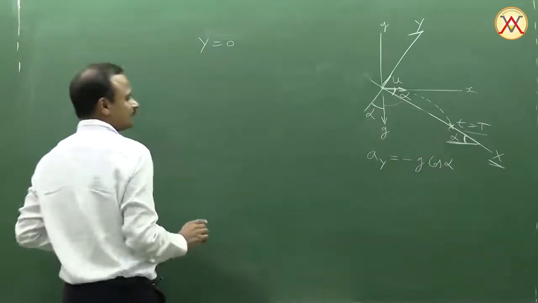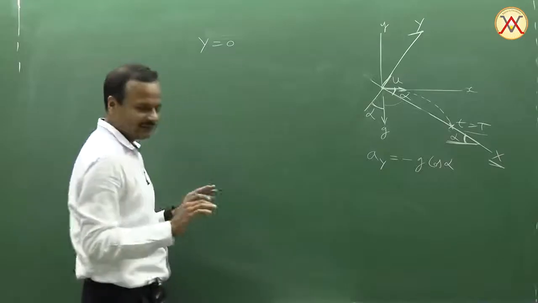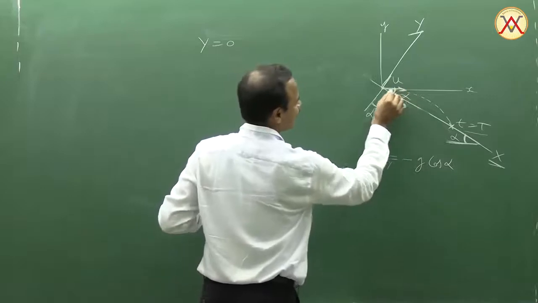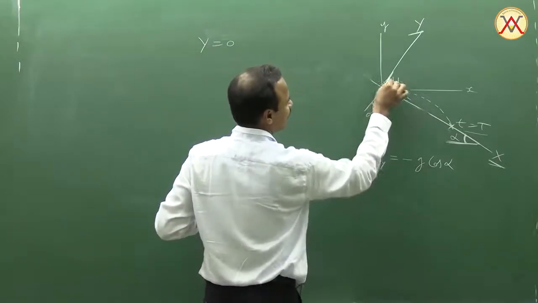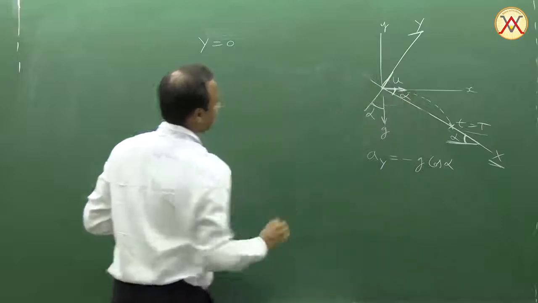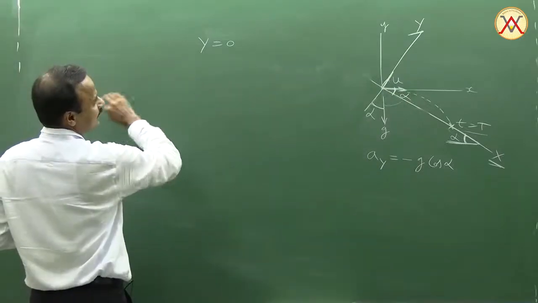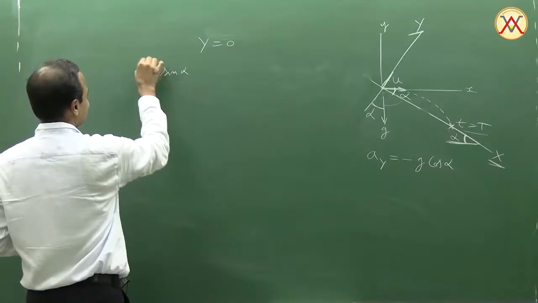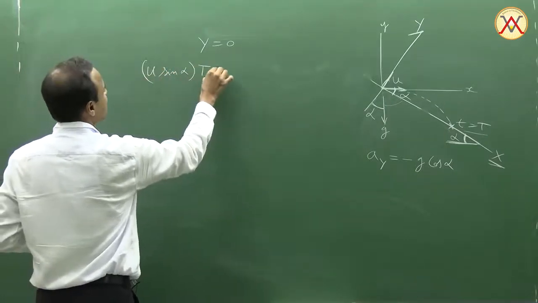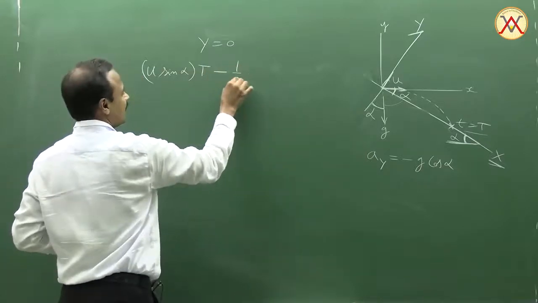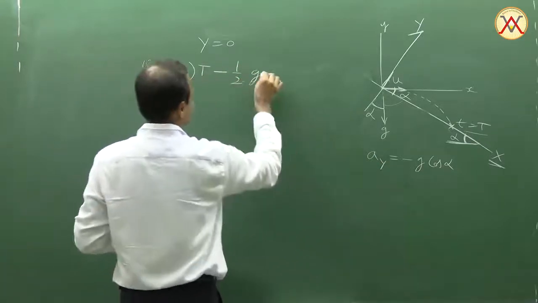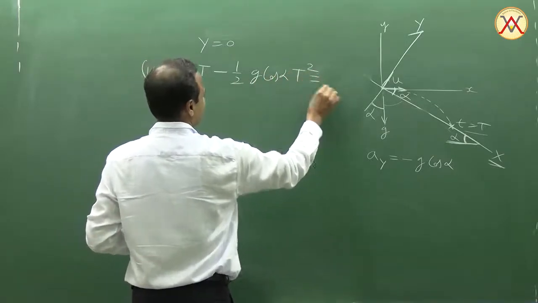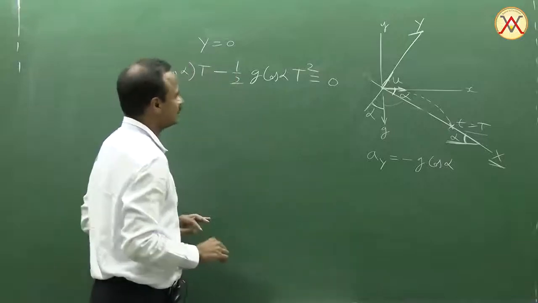All right. So the expression for capital T we can write using the second equation of motion. The y component of velocity, as you can see, will be u sine alpha. So u sine alpha t minus half g cos alpha t square, and we are putting it equal to 0.